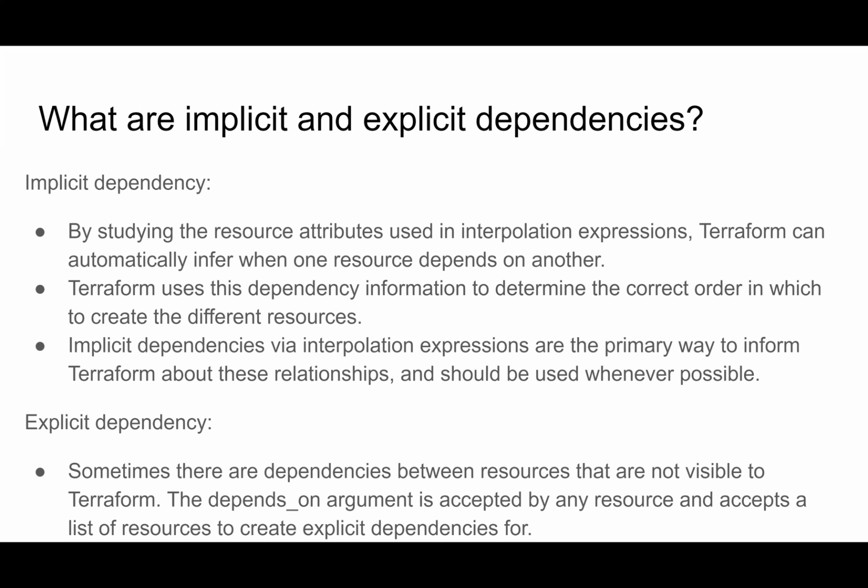So in that resource, we would use the depends_on argument to specify that the policy needs to be created before the resource is created. So again, an explicit dependency is defined as sometimes there are dependencies between resources that are not visible to Terraform. We can use the depends_on argument and specify that this resource depends on another resource or data source.